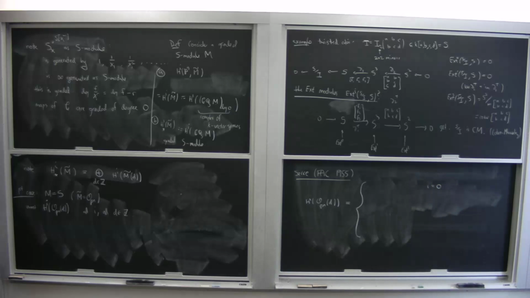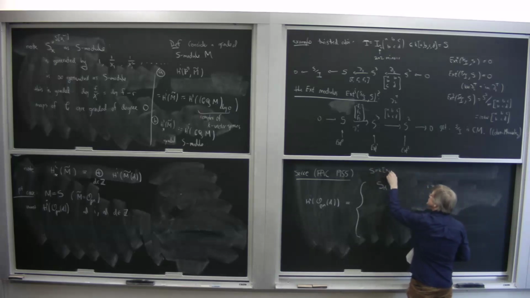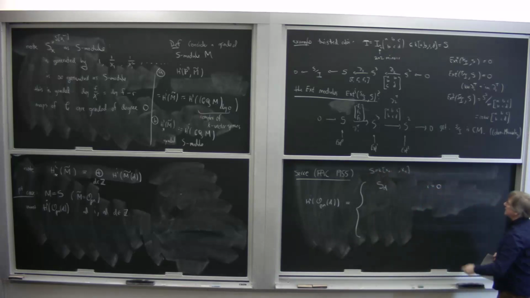There is no image, so it's just the kernel of this thing. And it turns out to be the degree d polynomials in S, where S here is K[x0, ..., xn], and that's for any d. If d is negative, it's 0.